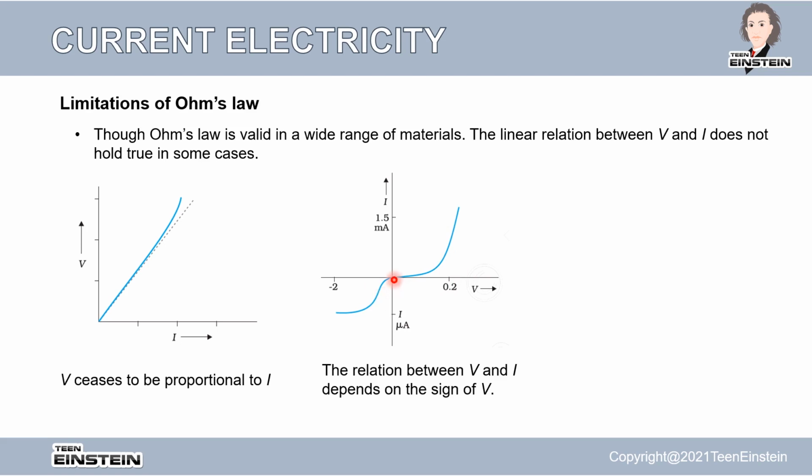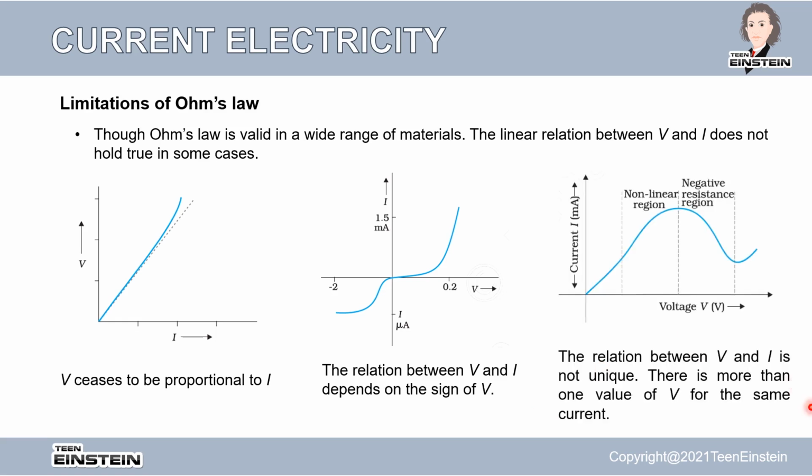If they were symmetric, it would go like this. But in this case, it's not symmetric. One perfect example for this kind of behavior is a diode. When you positively bias a diode, it gives one value, and when you negatively bias it, it gives a different value. So the relation between V and I depends on the sign of V.